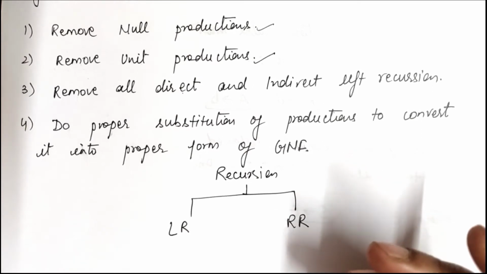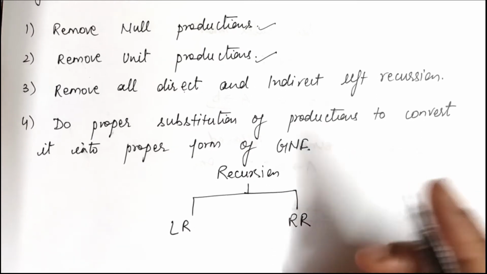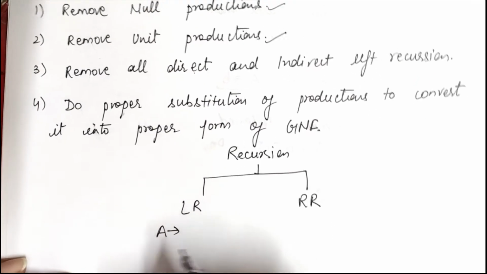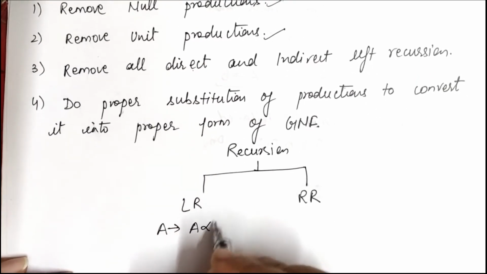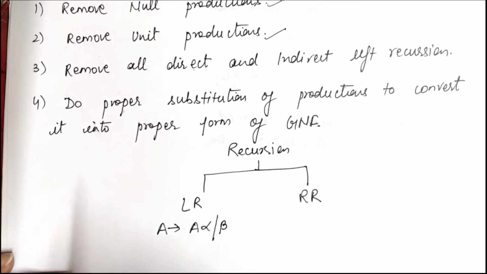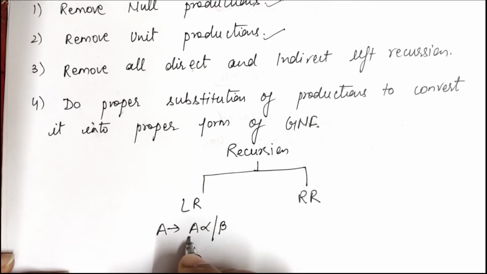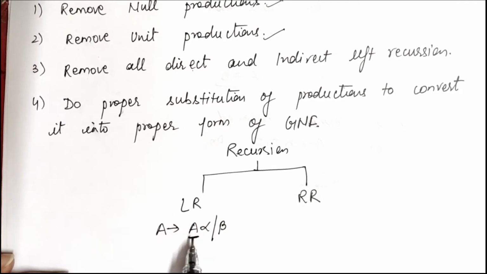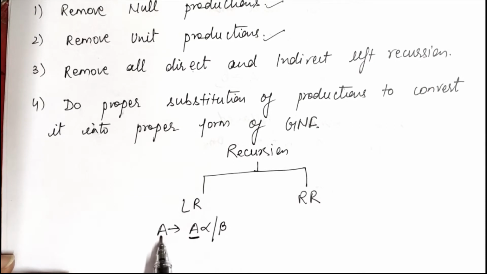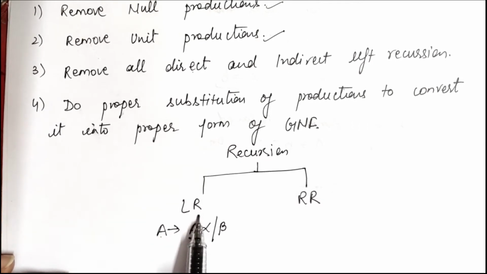If a grammar is in the form like this, that is A derives A alpha or beta, then it is called left recursive. Why? See here, if the leftmost symbol of the right hand side is equal to the left hand side, then it is called left recursion.